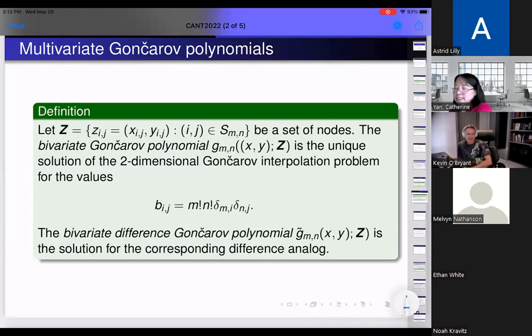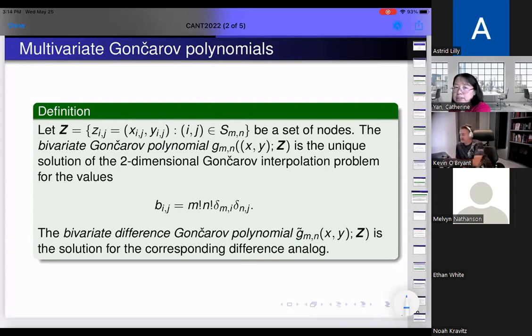So back to the definition. Such an interpolation problem always has a unique solution. And the same as before, we can describe the solution by looking at a basis of the solution space. The basis is obtained by taking the values b_ij you want to be 0 everywhere, except the one corresponding to the maximum index, which is non-zero.